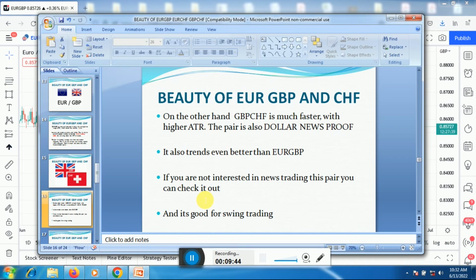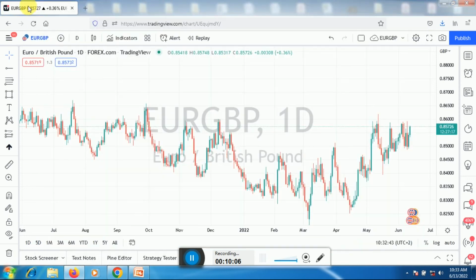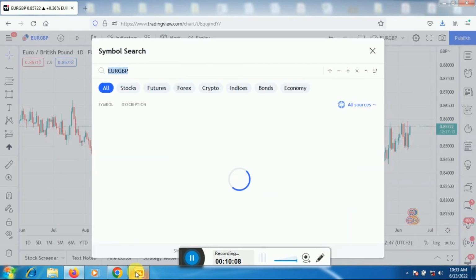average true range. It moves modestly, but this one moves more volatile, but it also gives you a better understanding of how you can trade these pairs. And it's also good for swing trading. If you are a swing trader, you can definitely check out GBPCHF.